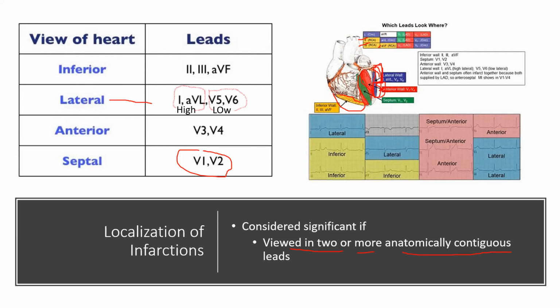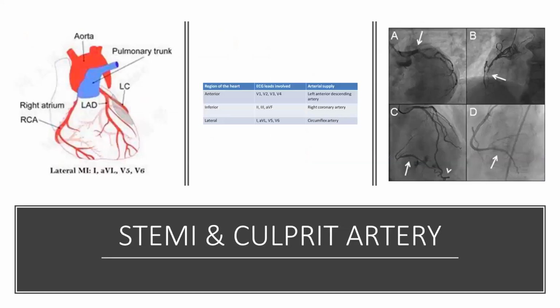Now, interestingly, whenever we're looking at a view of the heart, it also tells us what artery is involved. So I'm going to move forward with the next slide. This slide illustrates the relationship of the area of the heart that is occluded and the corresponding artery that is involved. When a patient is diagnosed with an inferior wall MI, for example, the artery involved is the right coronary artery.